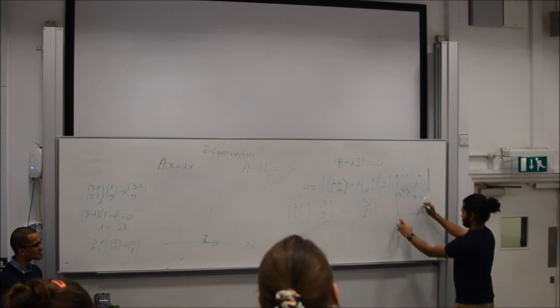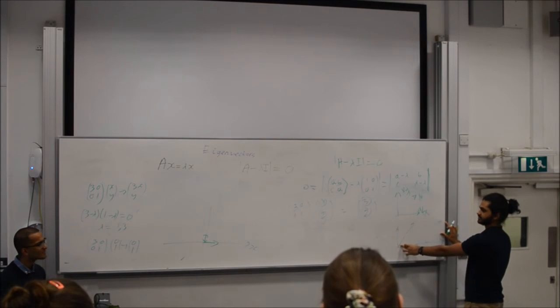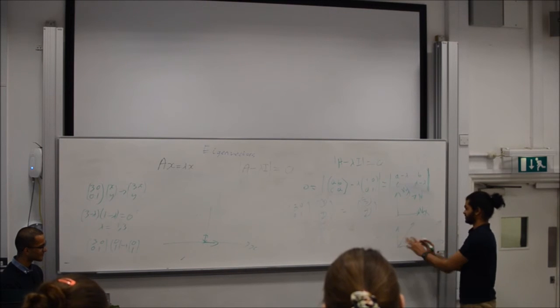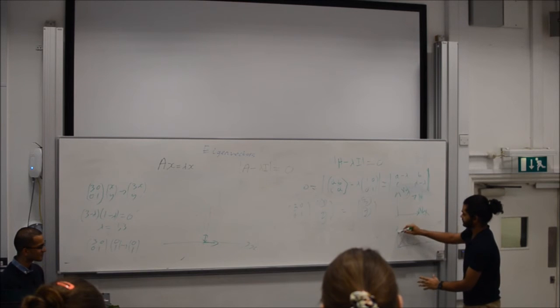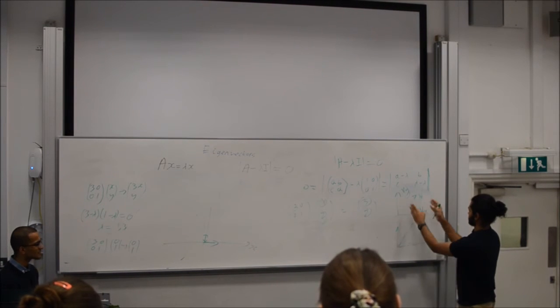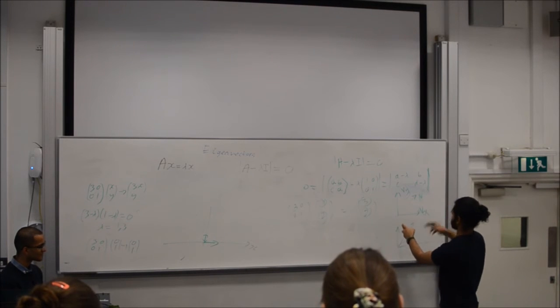Anything in that direction would just be scaled. Anything in that direction would just be itself. And anything else, you'd calculate the x component and the y component, scale the x, take the y, and draw the vector.